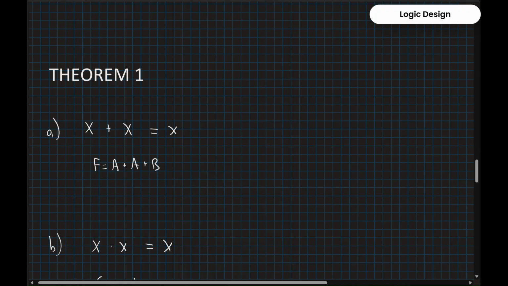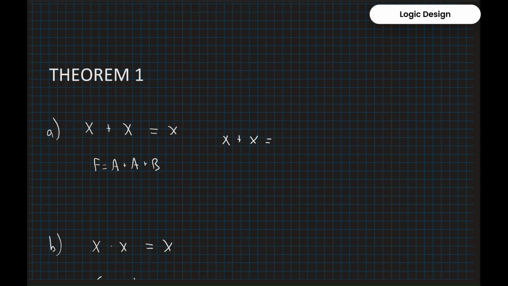Now we're going to do the theorems. First we've got x plus x equals x. It's pretty weird, right? How come x plus x is not equal to 2x? But for simple logic design, we do x plus x is equal to x.